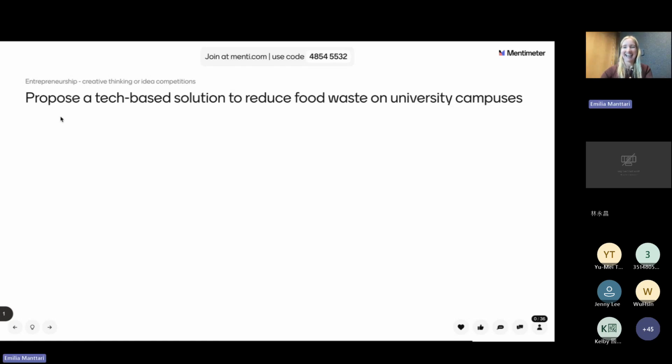Let's see, do we have any ideas here? And if this one is too hard, it doesn't necessarily need to be tech-based. You can just give me any ideas that you have around reducing food waste on university campuses.